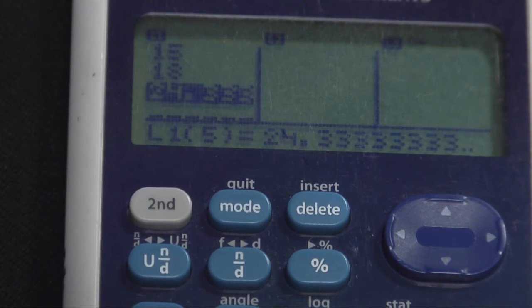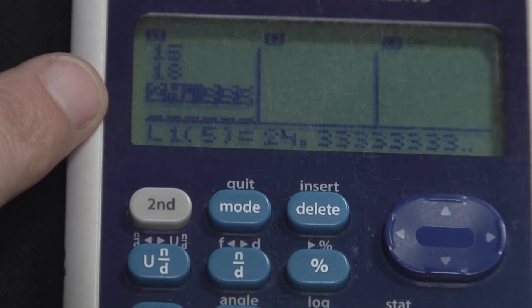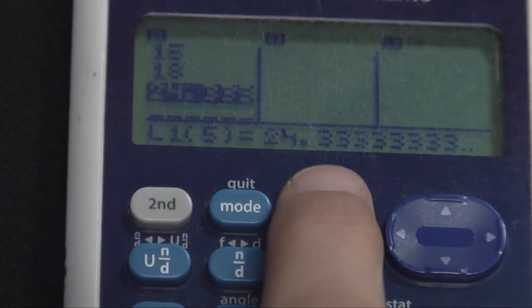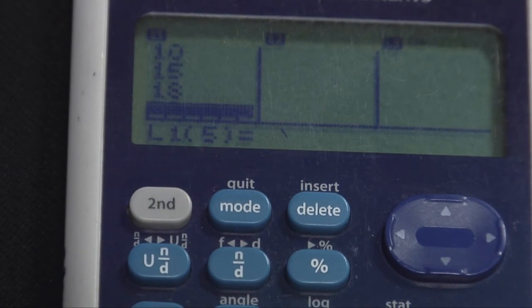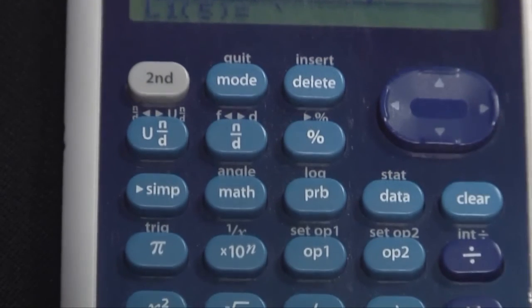Now, had those 4 numbers been a population and not a sample, then you wouldn't want sample information for standard deviation and variance, you'd want population. For me to do that now, I don't want that 24 number in my list, so I can just delete it, and I'm back to my original 4 numbers, and they're already stored.